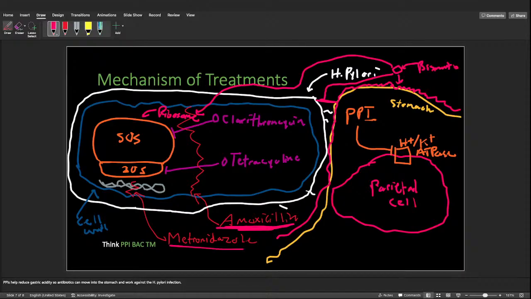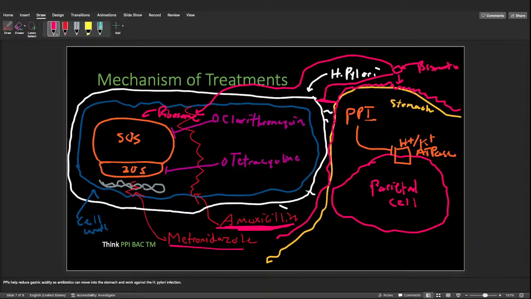And that's so it can neutralize the acidity in the stomach so that the antibiotics can work within that part of the stomach area. So it's going to neutralize the pH in there. The antibiotics will start to take effect, and then it will work against the bacteria that's present there.